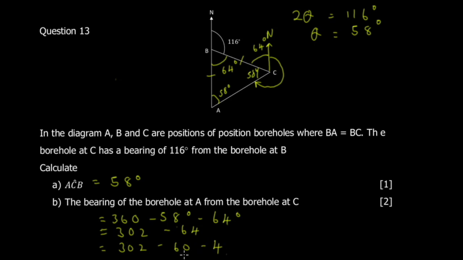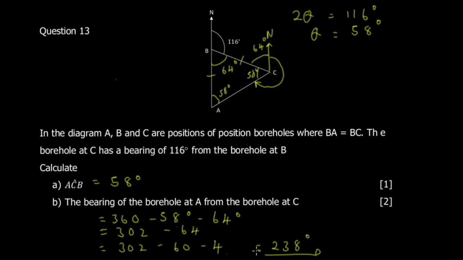So 302 minus 60, you get 242. So 242 minus 4, you get 238 degrees, and then you're done. You can work it out any way that's convenient for you, but I was doing this because it's paper 1, so you're not allowed to use a calculator.